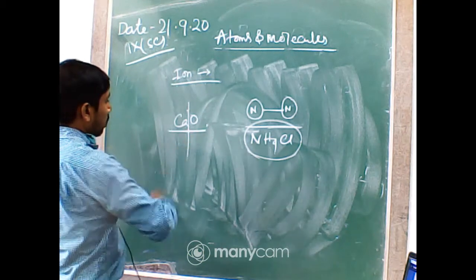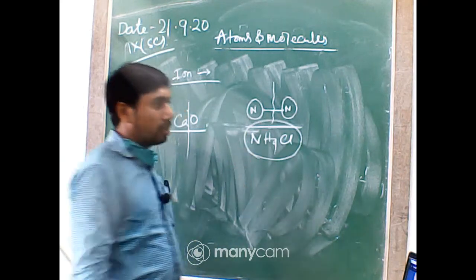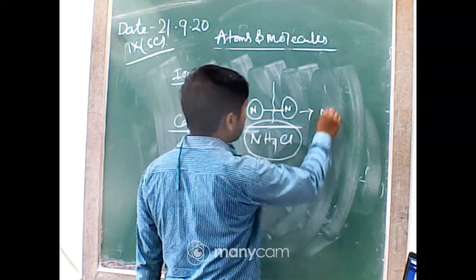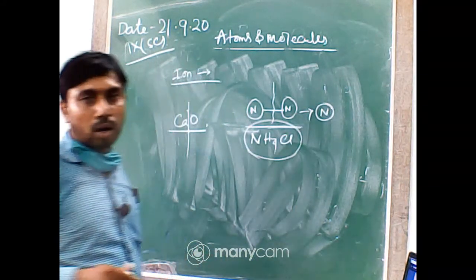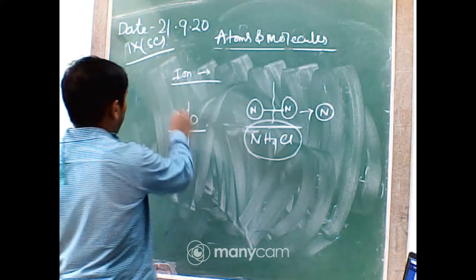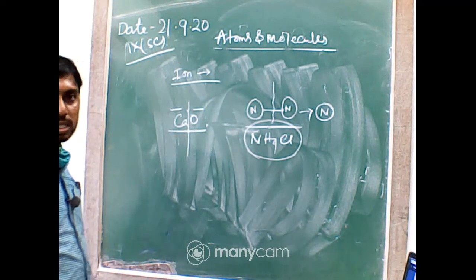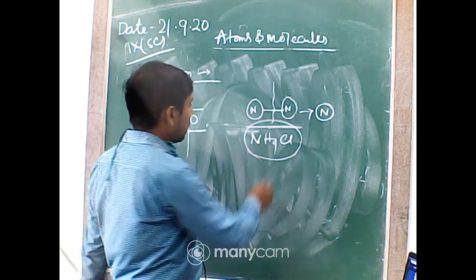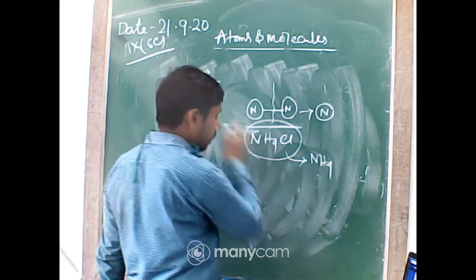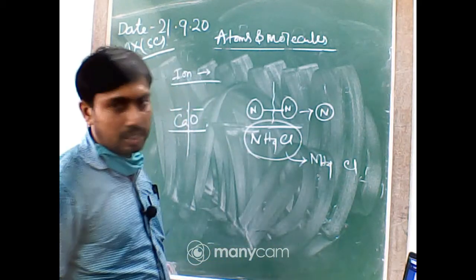When the dissociation of nitrogen occurs, it will obviously make nitrogen atoms, because the property of the element is the same. But if the properties of the elements are different, as here the calcium's property and the oxygen's property are different, then if it dissociates, it will form two ions, that is two parts.